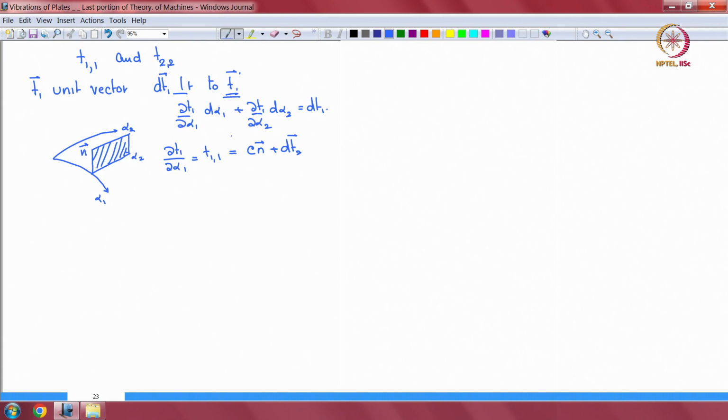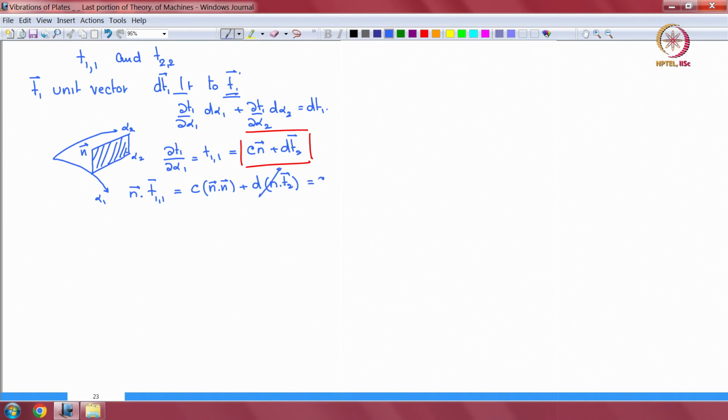So, we have to find C and D. Now, if I dot this with N, so N dotted with T1,1 gives me C n dotted with N plus D n dotted with T2, and n dotted with T2 is 0.